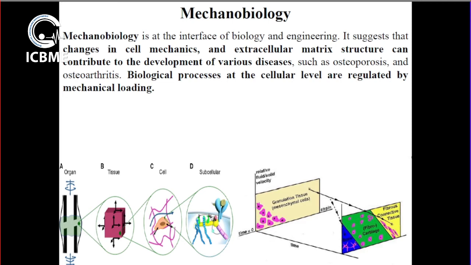If we apply load on this piece of fractured bone, and we look at the fracture side, the cells there experience mechanical stimuli, let's say stress, strain, and based on the stress and the strain, they send appropriate signal to other kind of cells.